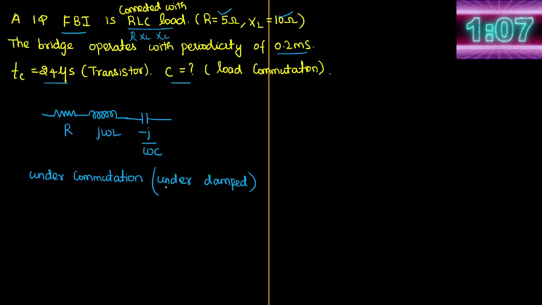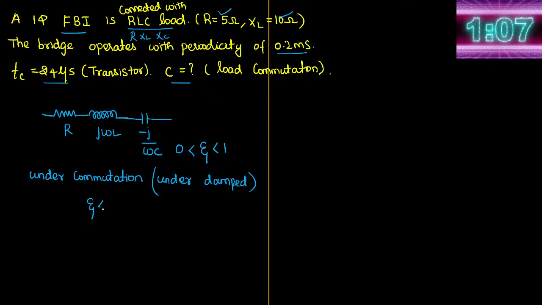In order to bring the underdamped system here, under damping means we know the value of epsilon lies between 0 and 1. First condition: epsilon is less than 1.